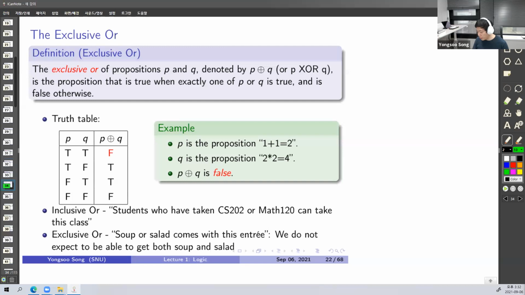So for example, in English, we use this term OR for both meanings. It could mean inclusive or exclusive OR.